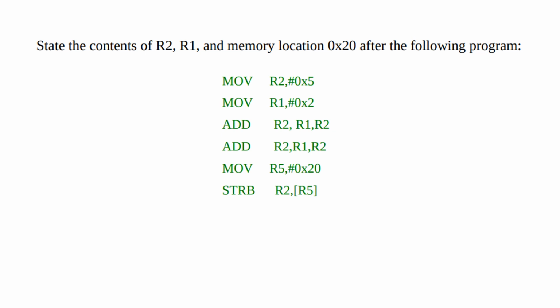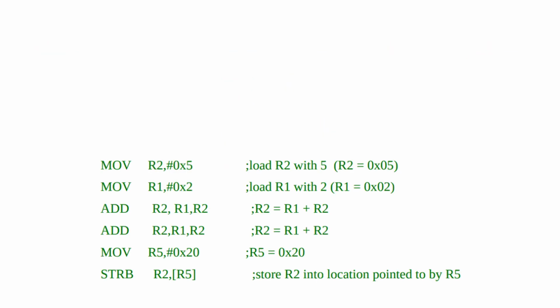So whatever is the content in R2 will be transferred to the address location 0x20. It will not replace 0x20, but in the 0x20 location, 9 in hexadecimal will be stored, right?